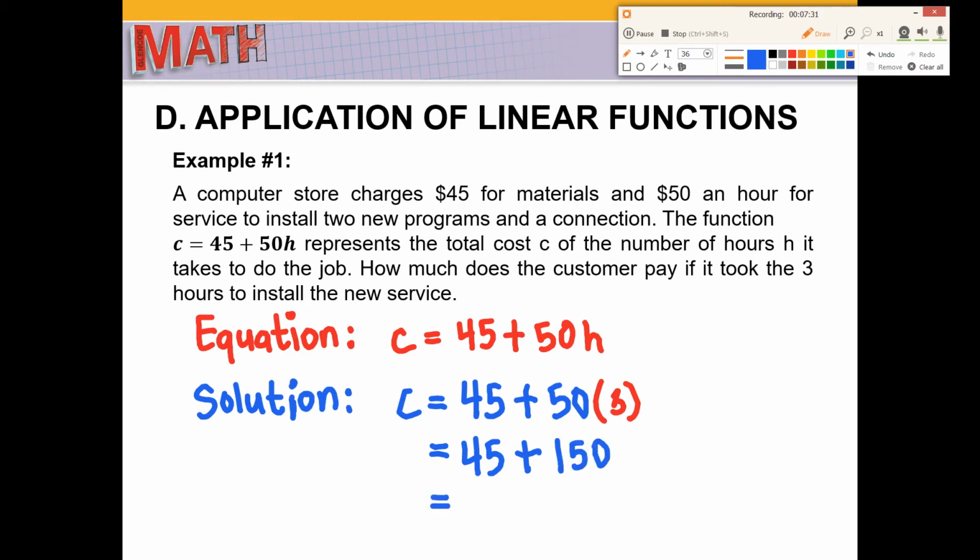And when I simplify 45 plus 150, I get 195. So C is equal to $195. This is how much the customer has to pay if it would take the service crew 3 hours to install the programs and the connection in their house or in their workplace.